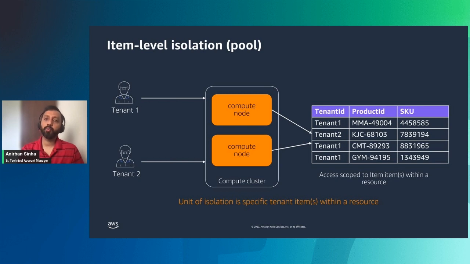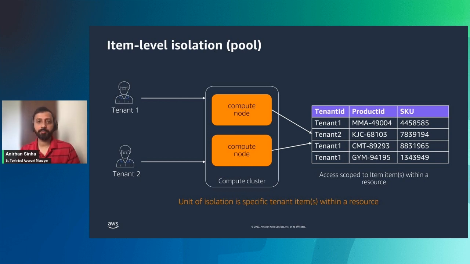But in a pool environment, it has to be item level isolation. So here we need a more fine-grained view of the isolation because now your tenant information is actually shared within a resource as individual items.